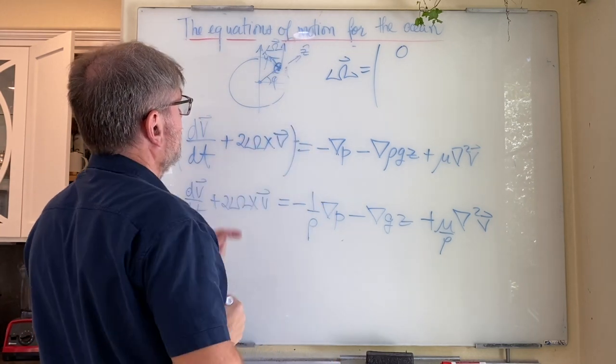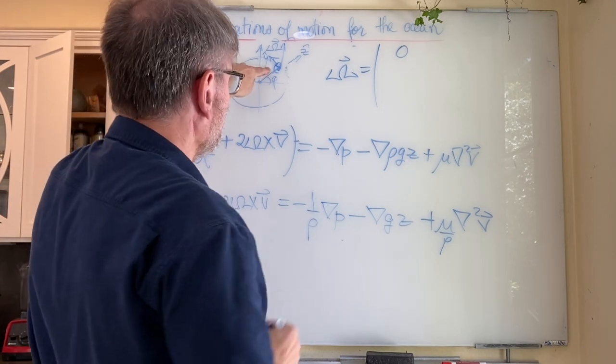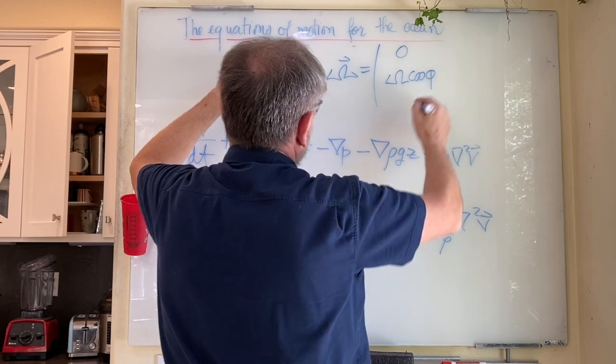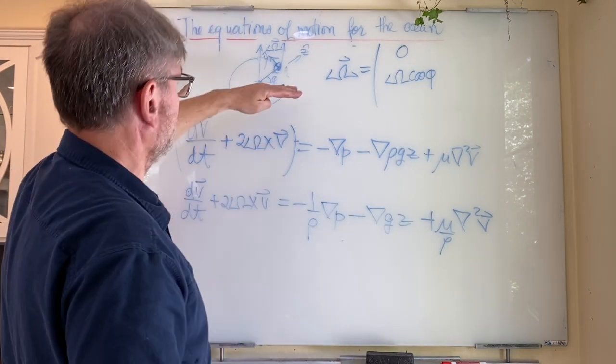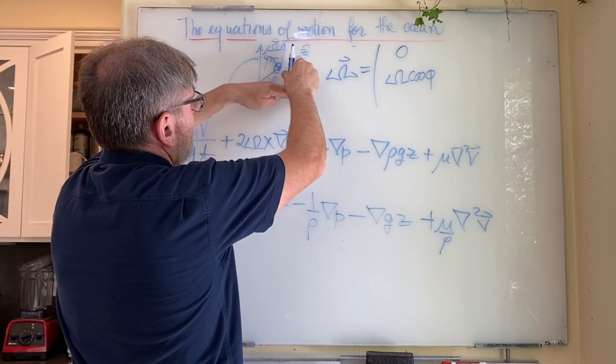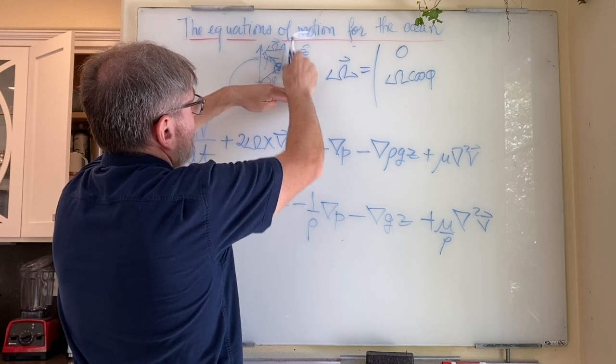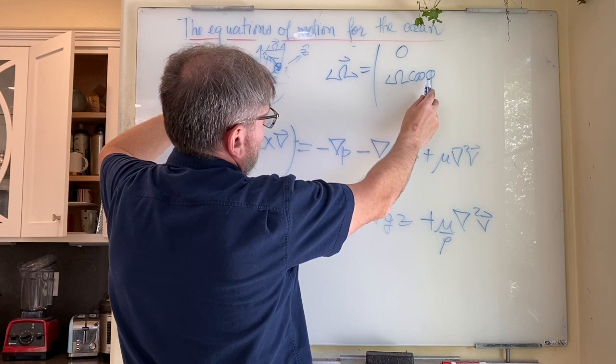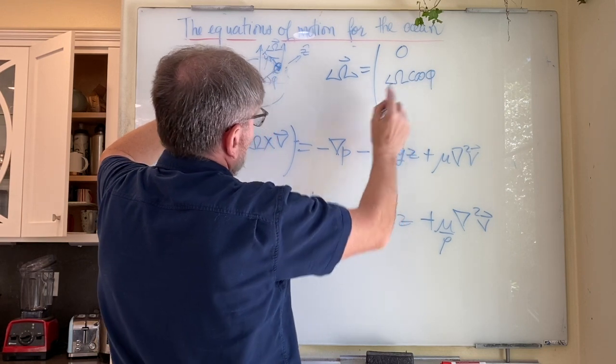Omega is up here. It will be omega cosine of phi. So at the equator, northward is directly in the direction of omega, so we get the full bang from the Coriolis, from the spin component.